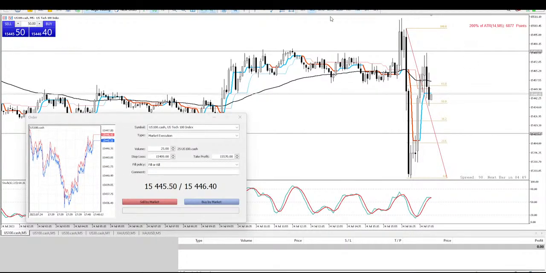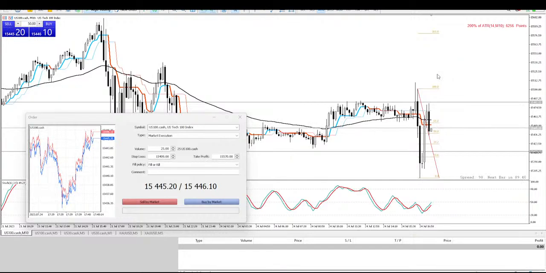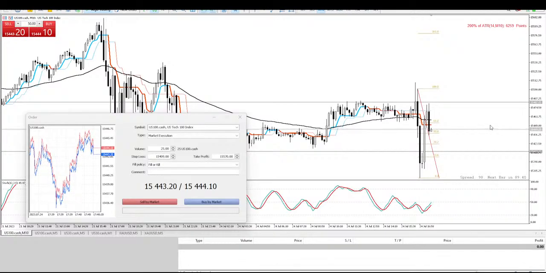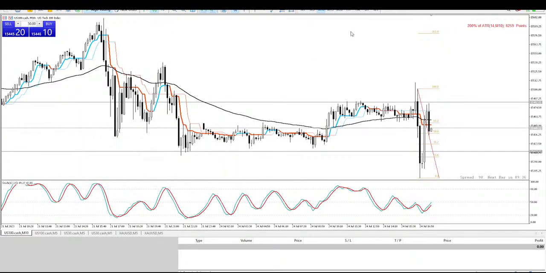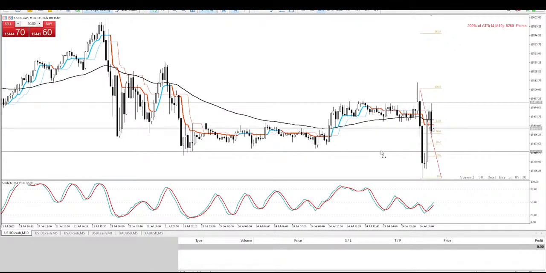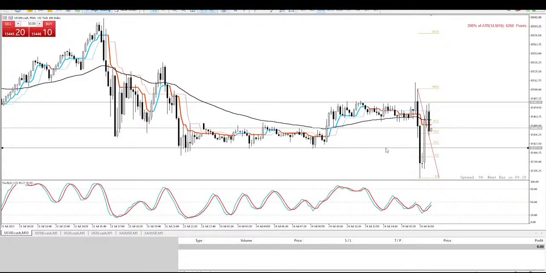Yeah, right now I don't know at this point, to be honest. I'm favoring more of a short on NAS now. But we're just in this consolidation area. That's generally what we need to look at here.